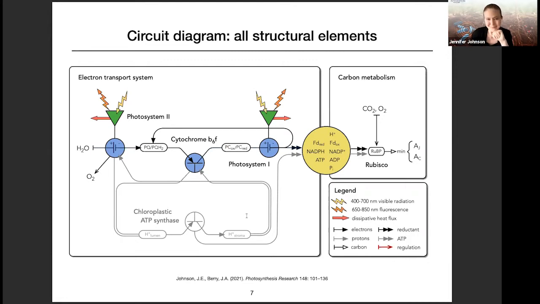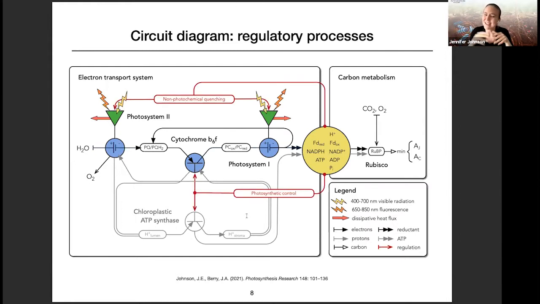And what is really cool about this framework is that the quantification of these limiting processes provides a new way to quantify the regulatory interactions that coordinate electron transport with carbon metabolism. The two I'm highlighting here are a process called non-photochemical quenching, acting to balance the excitation of the photosystems, and a process called photosynthetic control, which is acting to limit electron flow through the intersystem chain at the cytochrome b6f complex.